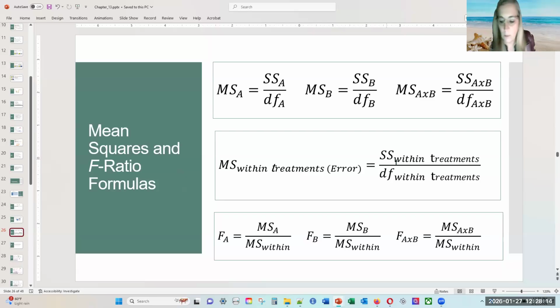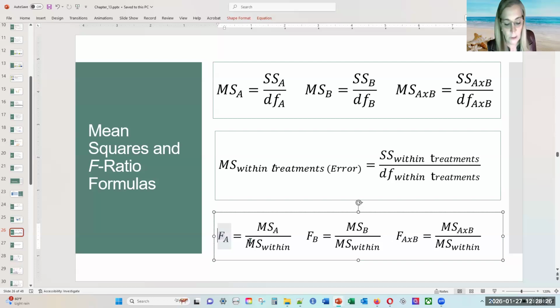So the sum of squares within treatments divided by the degrees of freedom within treatments. And do the same for between. And you can see how you arrive at the F ratio for each factor as well as the interaction.